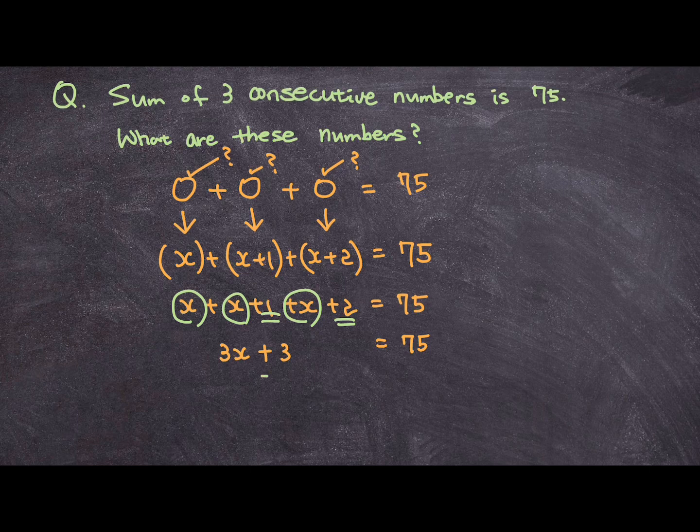To solve this equation, I am going to subtract 3 from both sides to eliminate the integer term from the left side of the equation, resulting in 72 on the right side and 3x on the left side.